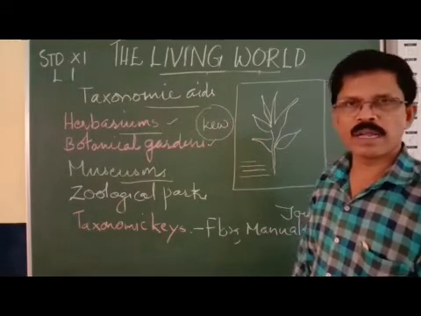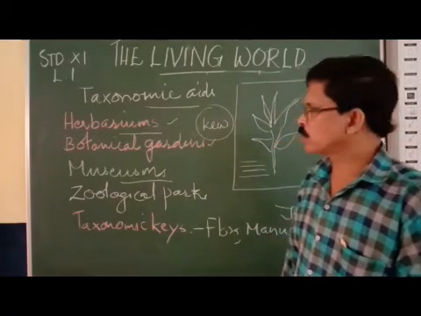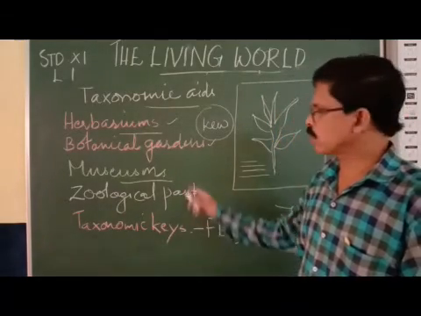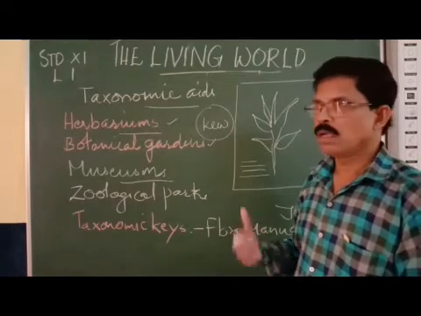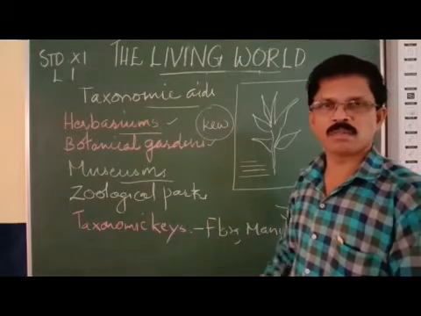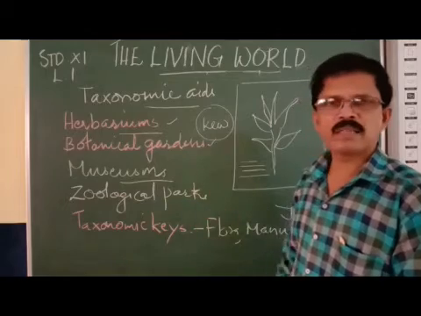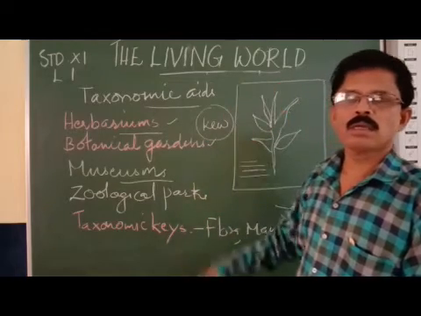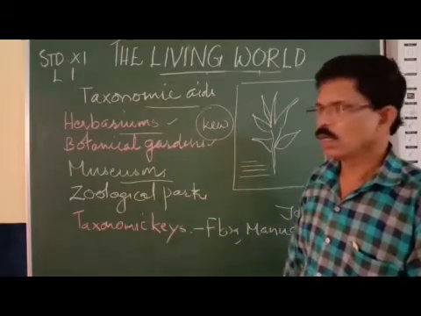So museum contains the preserved specimens of plants and animals which are used for study and reference. It also contains various types of aquatic animals, land animals and plants, various stuffed animals and skeletons of different animals. We can see that in the Baroda museum. Okay, Baroda museum you can go and visit.